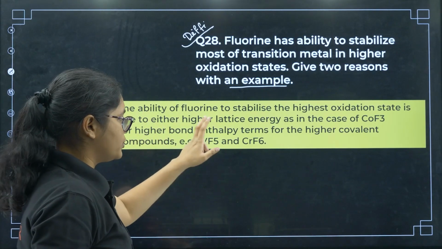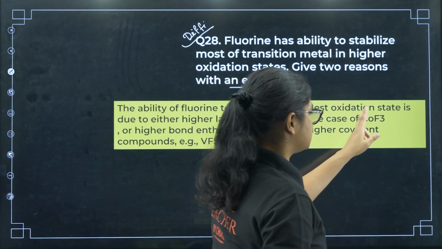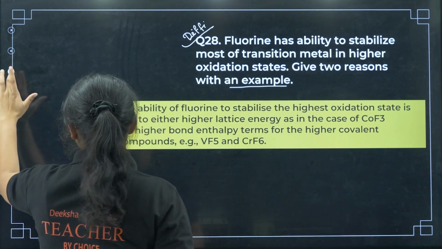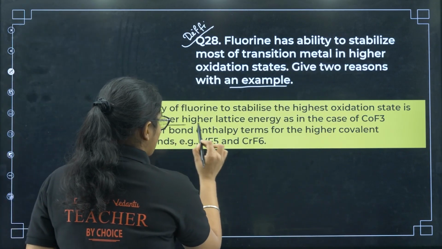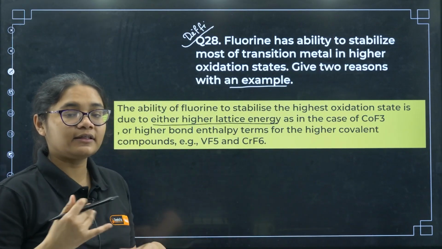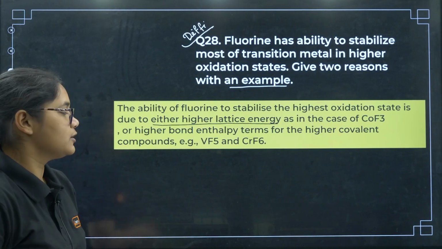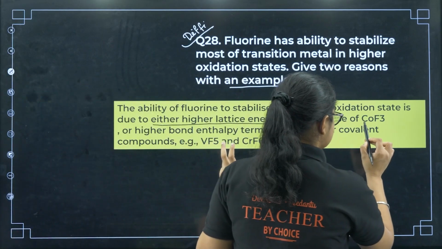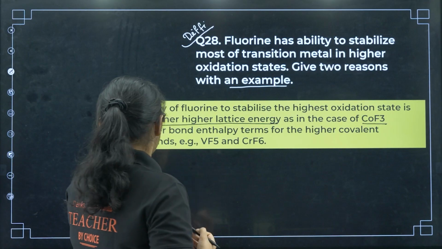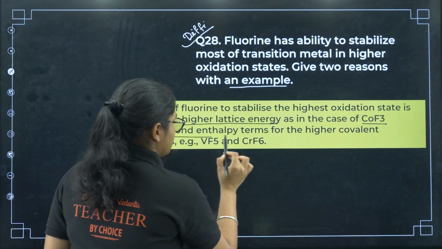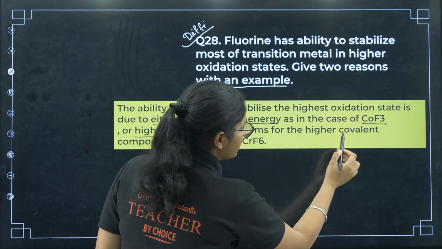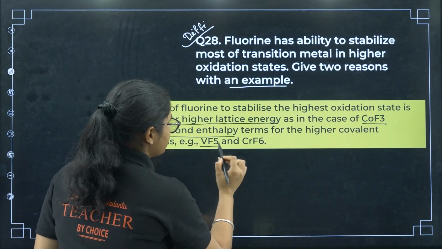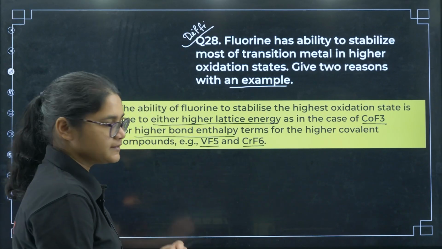The ability of fluorine to stabilize the higher oxidation state is due to 2 factors: either higher lattice energy, for which the example is CoF3, or higher bond enthalpy, for the higher covalent compounds, example VF5 and CrF6. Clear?